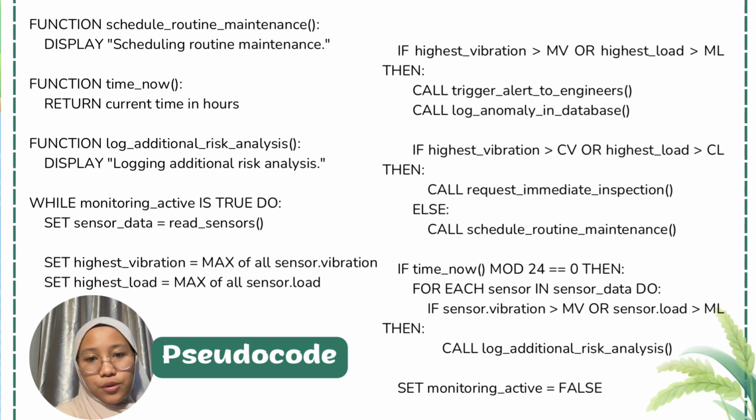But if the values go beyond critical limits, it immediately requests an inspection. Otherwise, it schedules routine maintenance. Then every 24 hours, the system performs a brute force safety check, where it logs risk analysis if any sensor exceeds safe limits, even if no alert is triggered.